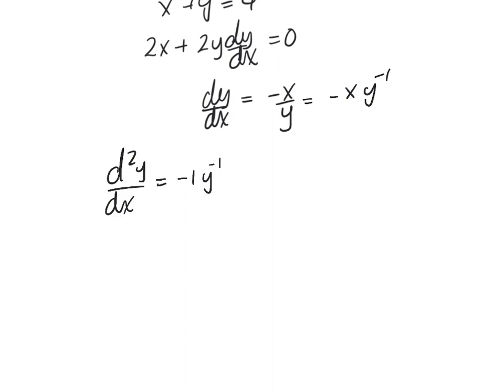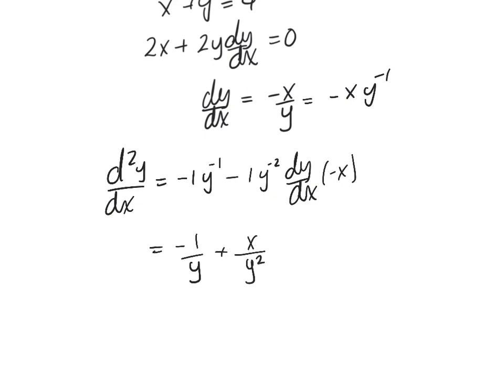And then it's going to be minus 1 y to the negative 2 dy/dx, and that's still multiplied by that negative x. So I did the derivative of x first, and then I did the derivative of y to the negative 1. And so I end up with negative 1 over y, and you didn't have to do that part of it. If you didn't do that part of it, that's cool. And then the double negatives make it positive x, and then in the denominator I get y squared.